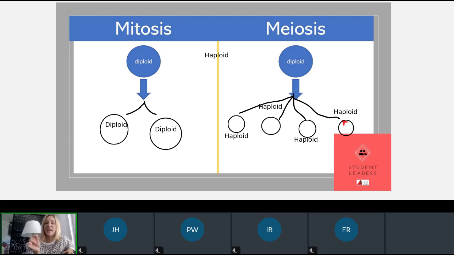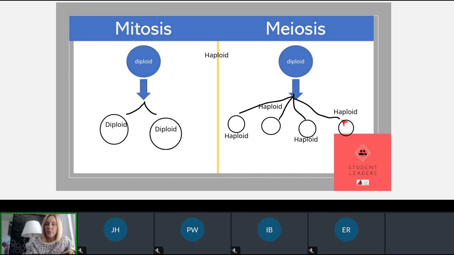The DNA combines to give us another full chromosome set, they form a zygote, and they divide and divide and become an embryo, and divide and divide and become a full-term baby.